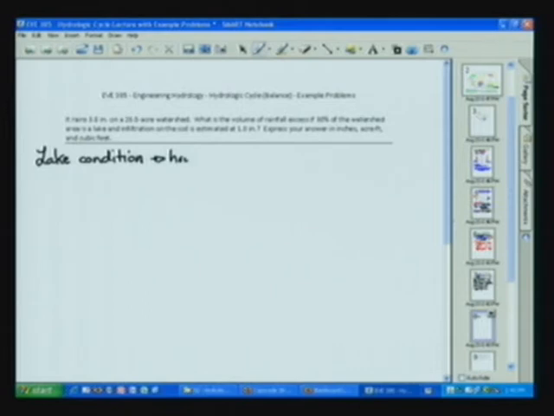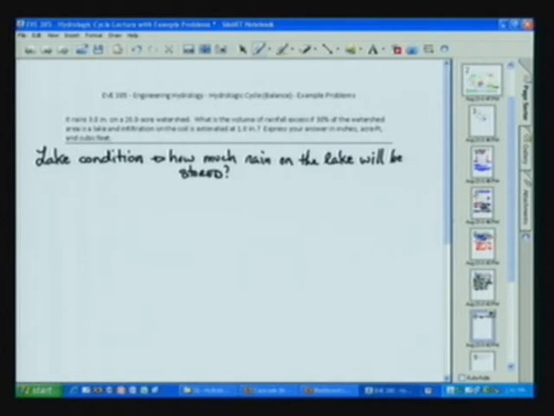is how much rain on the lake will be stored. Okay? So the condition of that lake is important to us. Okay? I'm going to make our notes here with our data.